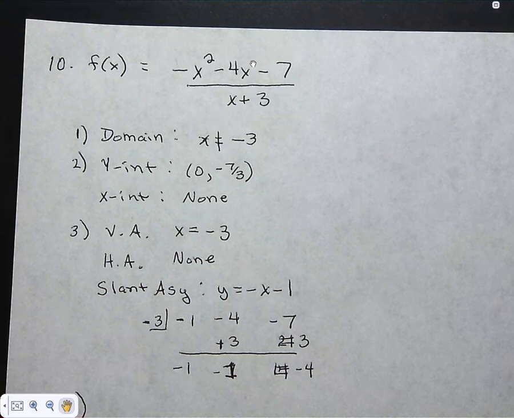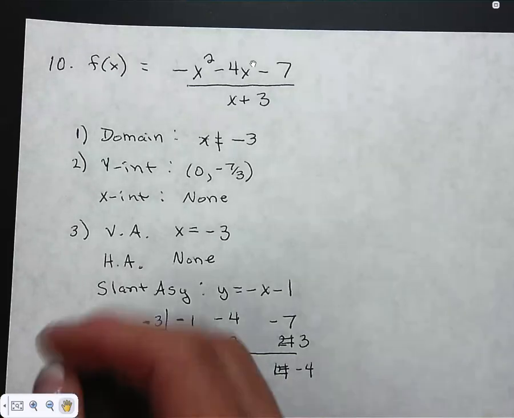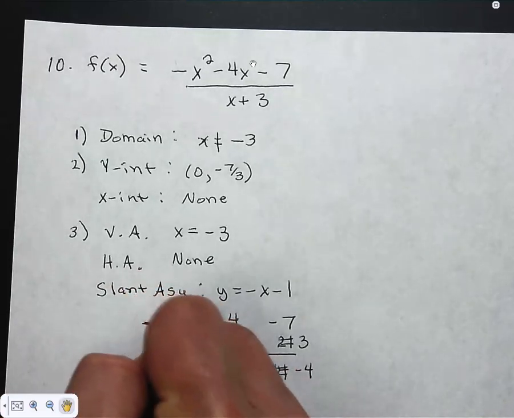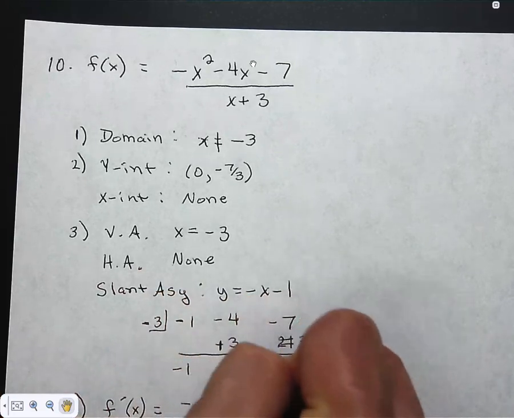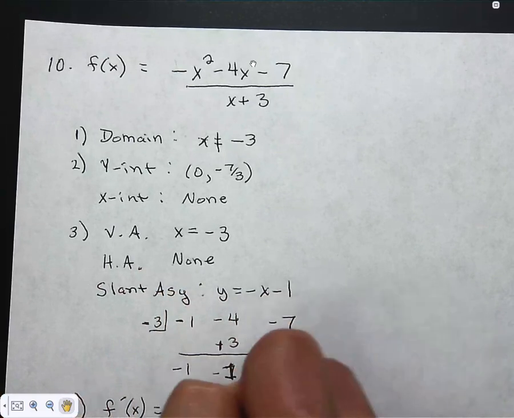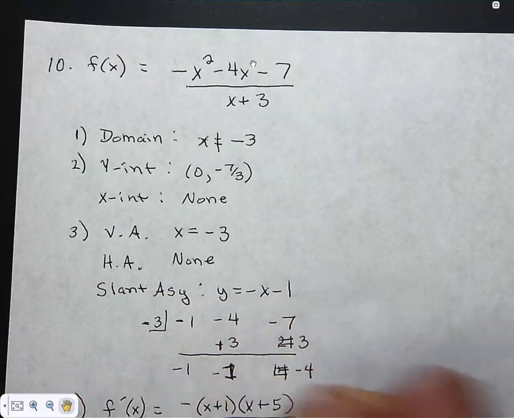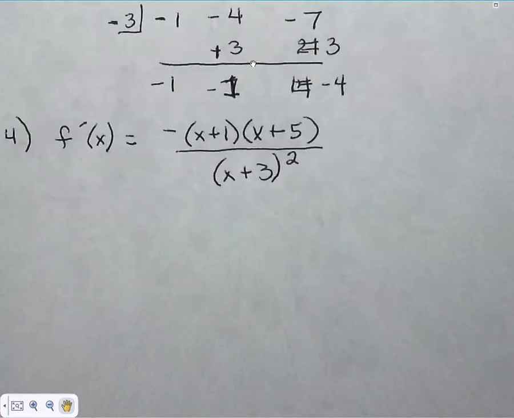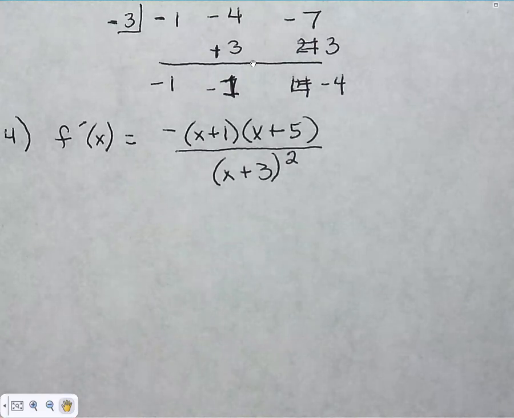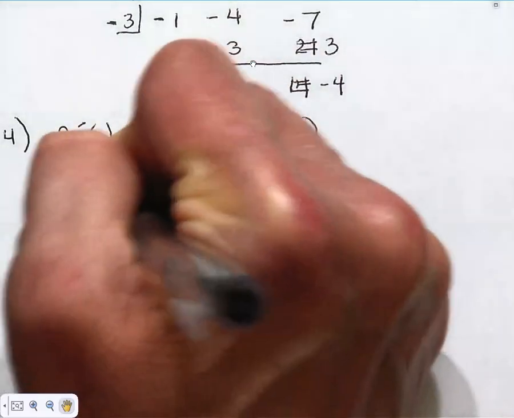And I think, just for time's sake, just to get this problem done, I'm going to go ahead and tell you what I got for the first and second derivatives. That's what I got for the first derivative. So what are the critical numbers?